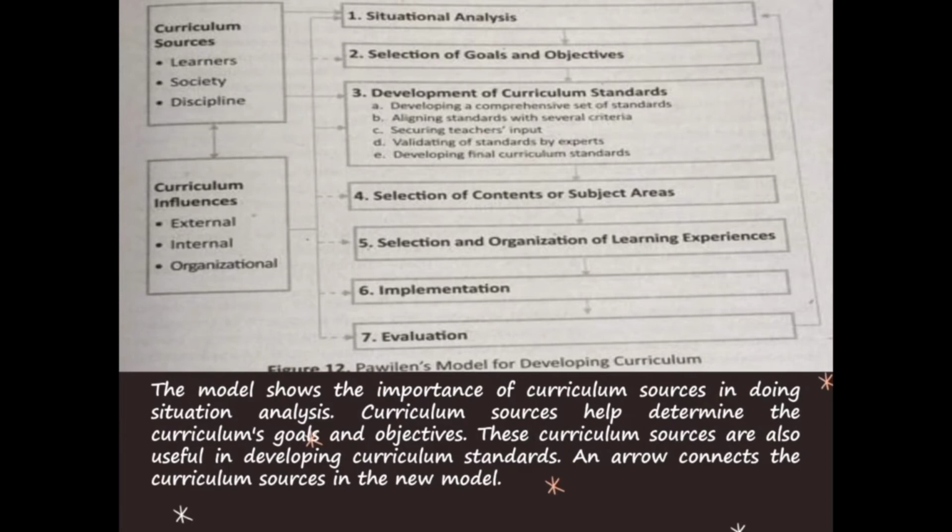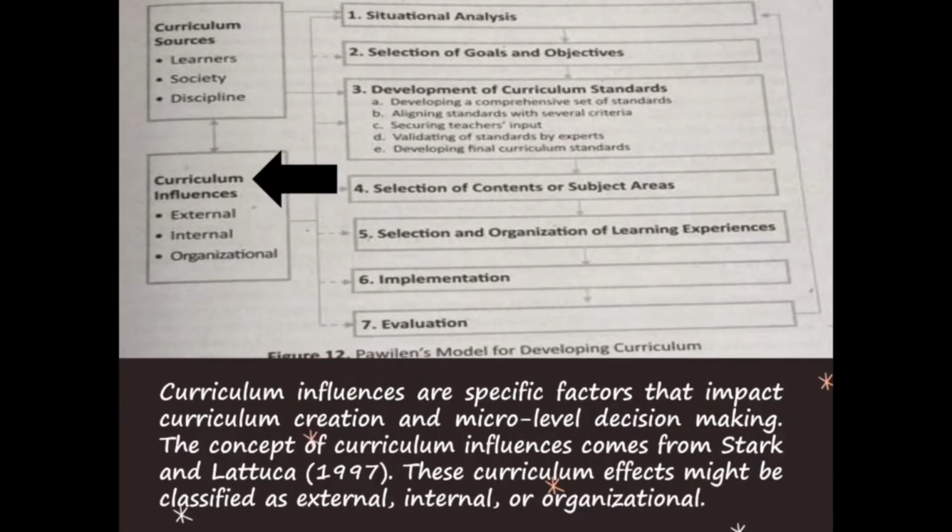An arrow connects the curriculum sources in the new model. So, if you see the black arrow, that is the curriculum influence, or specific factors that impact curriculum creation and micro-level decision-making. The concept of curriculum influences comes from Stark and Lattuca, 1997.